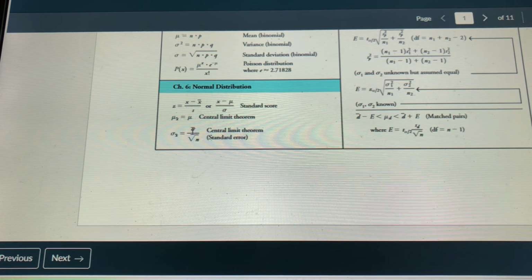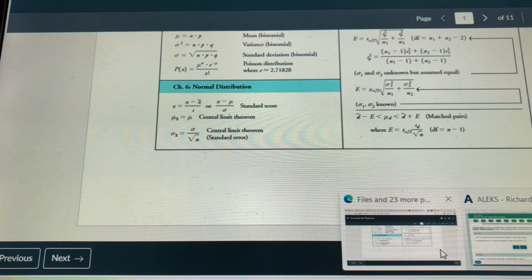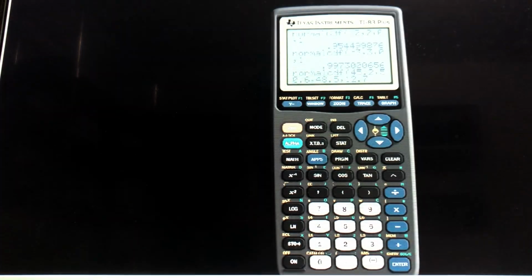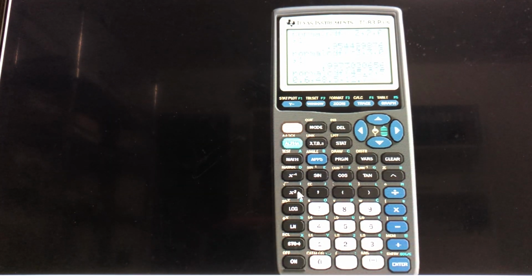The standard deviation only has to be divided by the square root of n, and it's really easy to not remember to do that because for the first 10 problems you never even worried about it. And it turns out that if there's a sample of 1, if I divide by the square root of 1 at the very end, you get the same answer than if you don't do that.